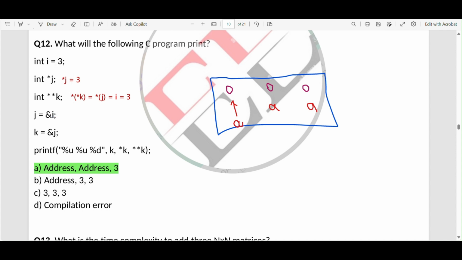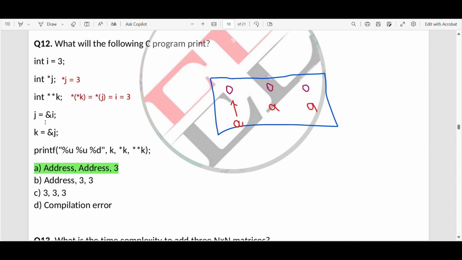i is an integer variable name, as mentioned here. So j would be the address of i. See, the address of i is a, in hexadecimal form, assigned to the variable j.